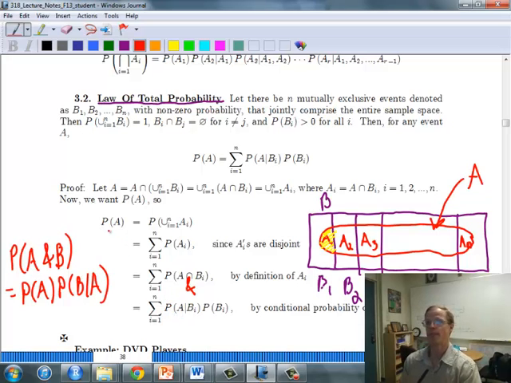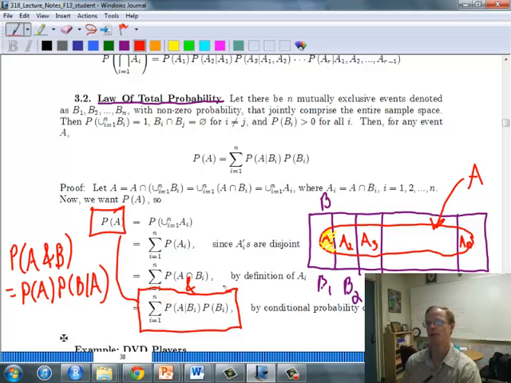We're done. Probability of A equals this guy. That's the law of total probability. And that gives some insight into how, in the event that we don't know this whole inside region, we can chop it into parts, and if we have information about each part, we can, using this formula, find the probability of the whole.